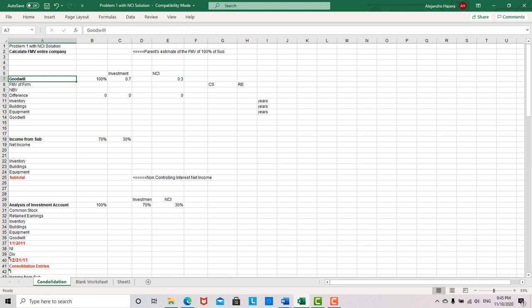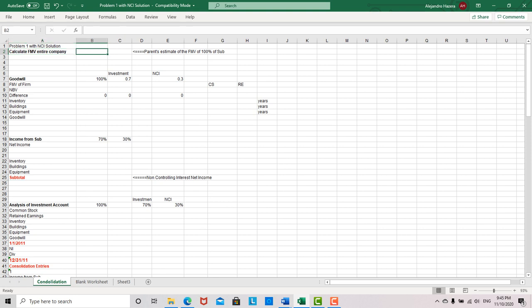According to accounting standards, when you acquire less than 100% controlling interest, between 50 and less than 100%, you've got to not only account for your investment, you also have to account for the investment in what we call non-controlling interest. They're kind of like your siblings or your kids in a sense. Okay, so anyway, we're going to have the goodwill calculation, income from sub calculation, and we're also going to do the analysis of the investment account. That's what we'll do now. Okay, so let's start this.